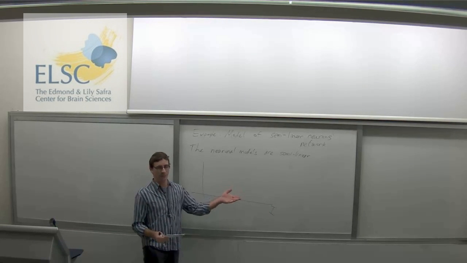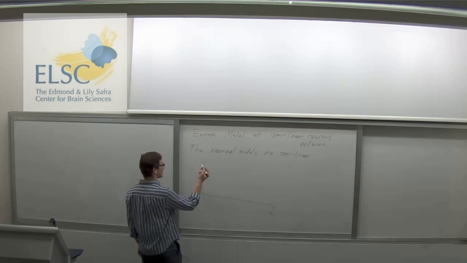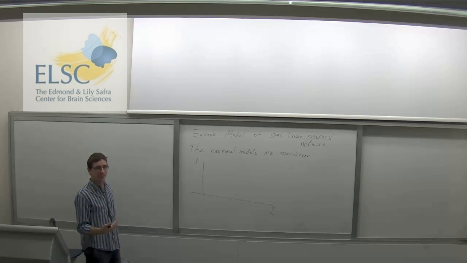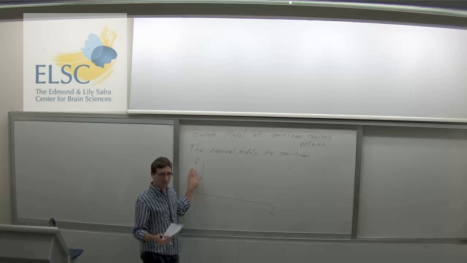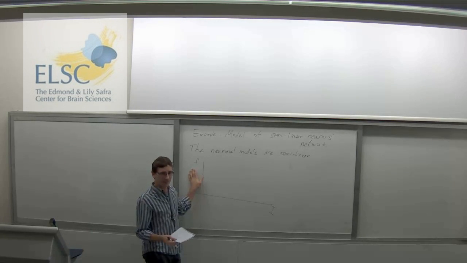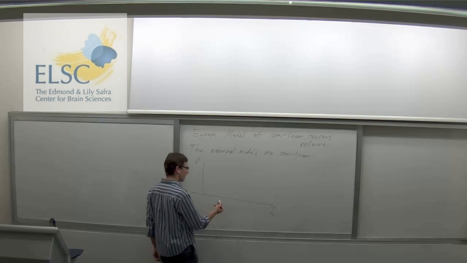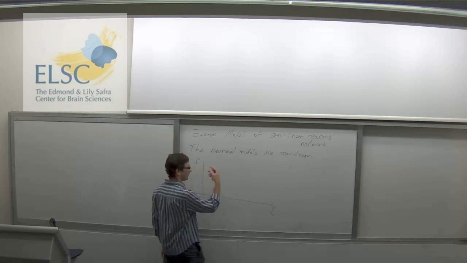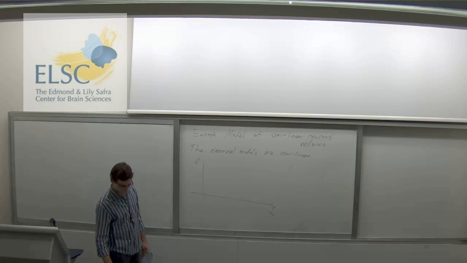This is the input, the current delivered to the neurons, and this is, we're going to call it F. This is going to be the activity. So again, you can think of F as a frequency, like a firing rate, or as a voltage of the neurons. Let's think of it as firing rate versus input current, okay?